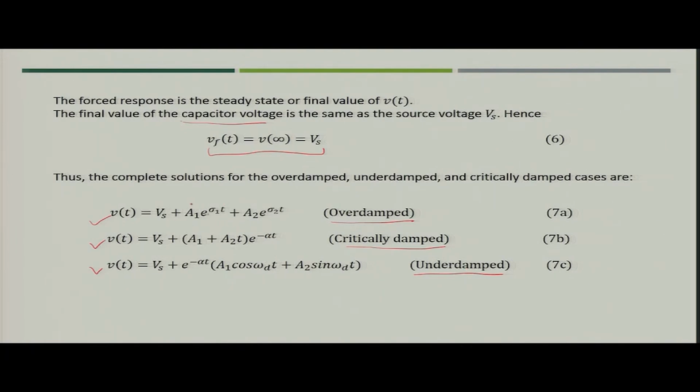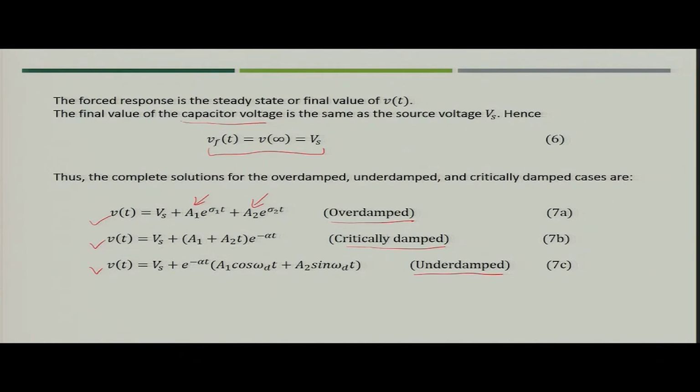These three equations are in terms of two unknowns, A1 and A2, whose values can be found by using the initial and final conditions, like the initial voltage across the capacitor, the initial current through the inductor, and similarly the final values.